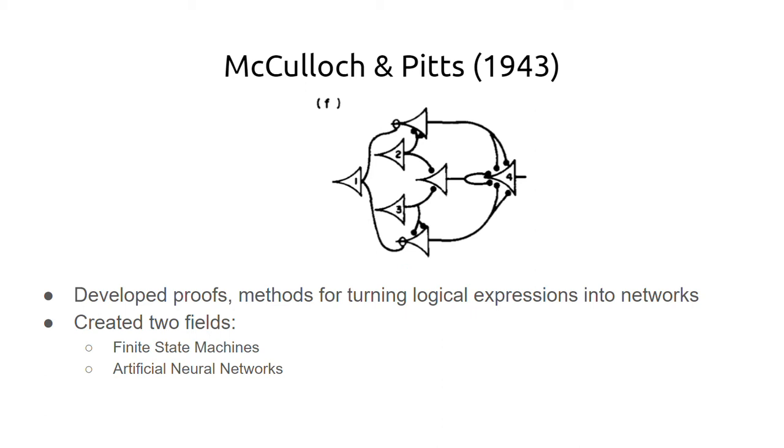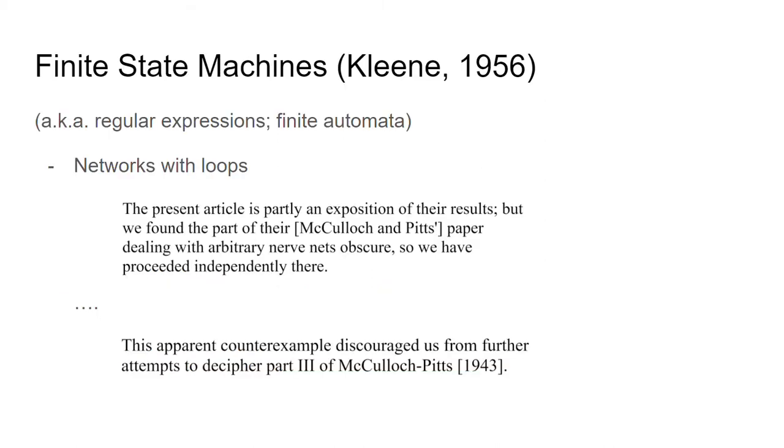In the process of doing this, the paper ends up being, first of all, the first paper that lays out that you can build things with artificial neural networks, so it establishes artificial neural networks as a field. As a side effect, it is also the foundational paper for finite state machines, regular expressions, finite automata, that whole side, which some people may be familiar with.